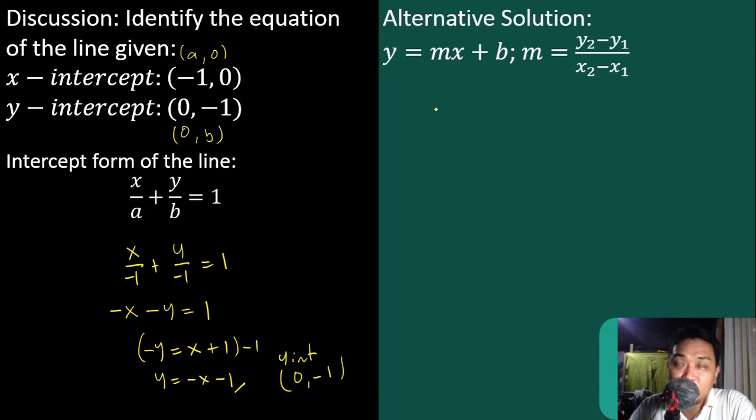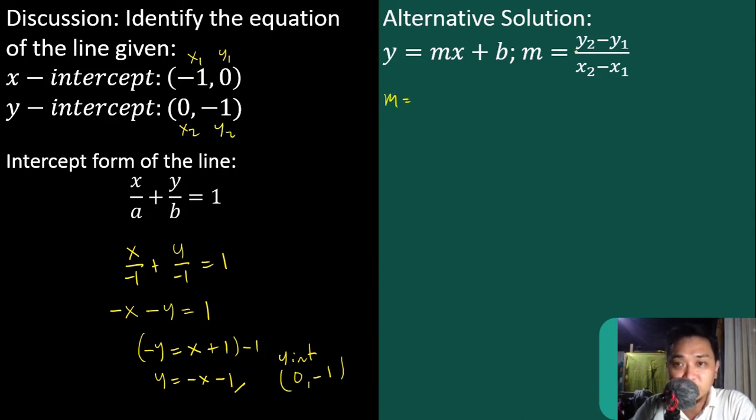Now, what if we use the slope-intercept form instead? First, of course, we need to find its slope. If we use that method, let us assume the subscripts 1 and 2. This will serve as our x sub 1, y sub 1, and this will be our x sub 2, y sub 2. Then let us get the slope.